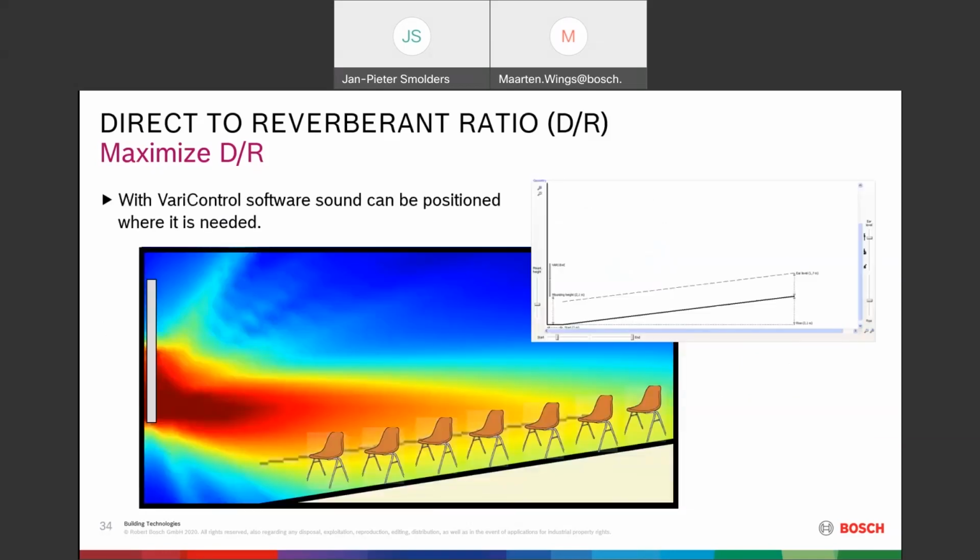How do you do that? Here's the configuration software where you can calculate the distance of the room, even if the floor is tilted, for instance. And then you can aim the sound beam like you see in this picture. You can aim it exactly at where the people are sitting.